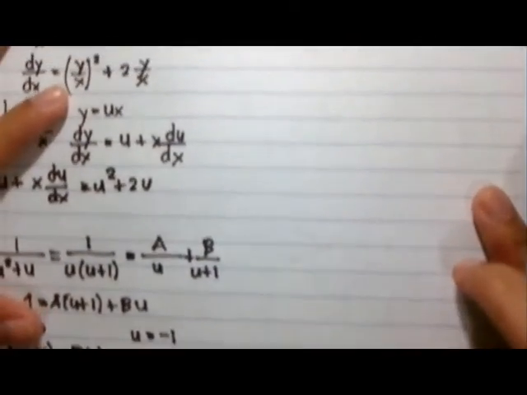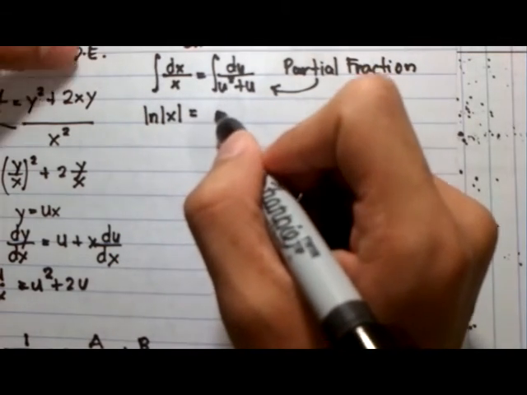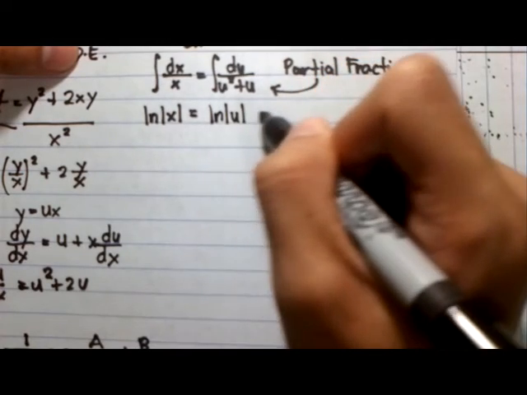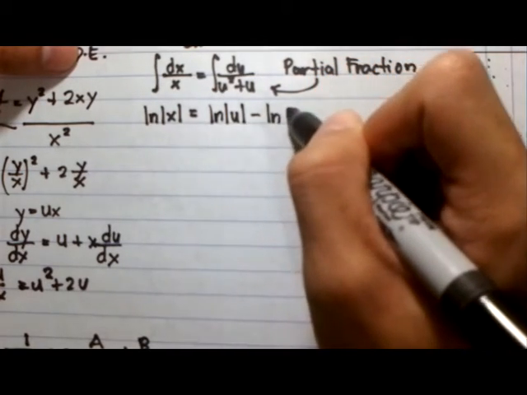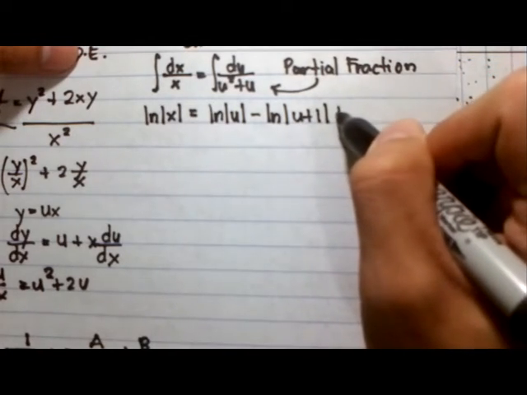And go back to our equation. We now have ln x equal to ln u minus ln (u plus 1) plus c.